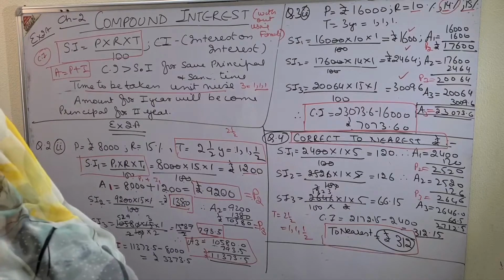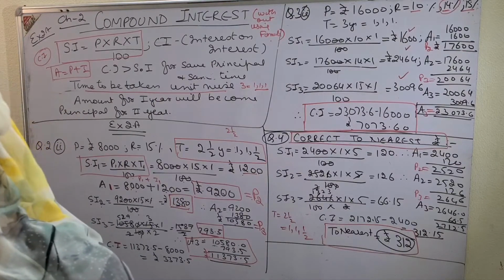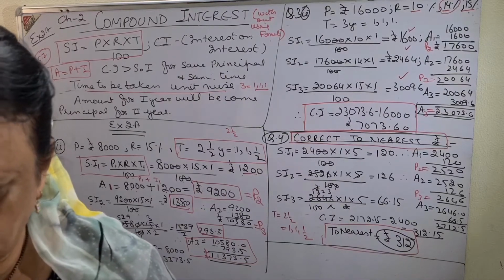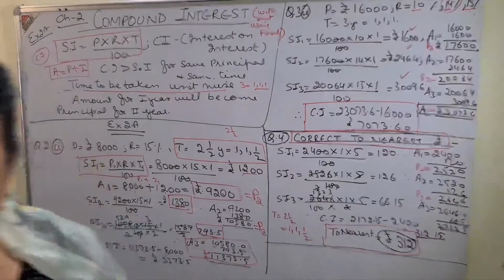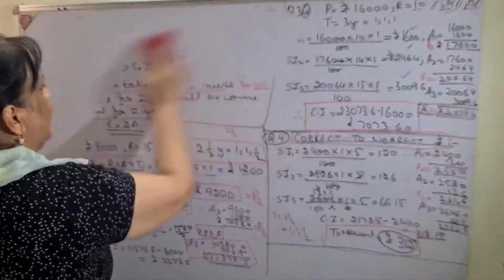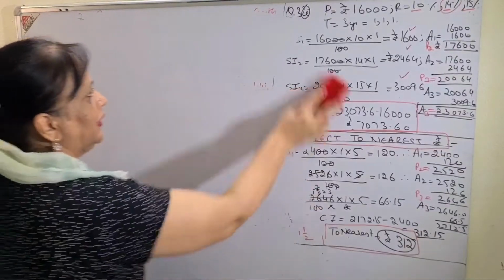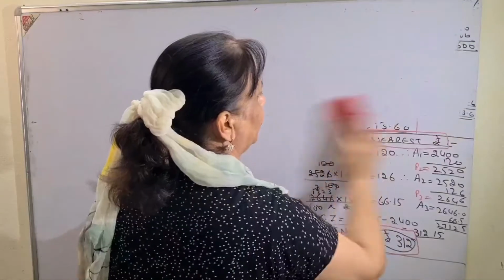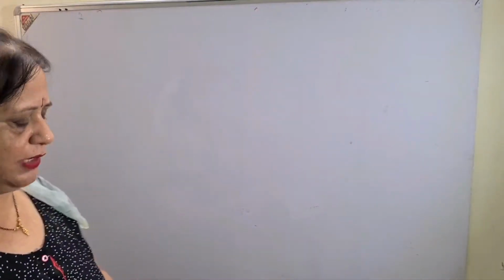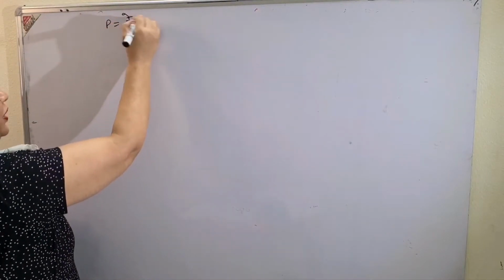Okay. Moving on along the same lines, now I will do question number 6. Again a very simple one, just the language has to be understood. The question is, A borrows rupees 2500 from B. Borrows means the principal is rupees 2500.